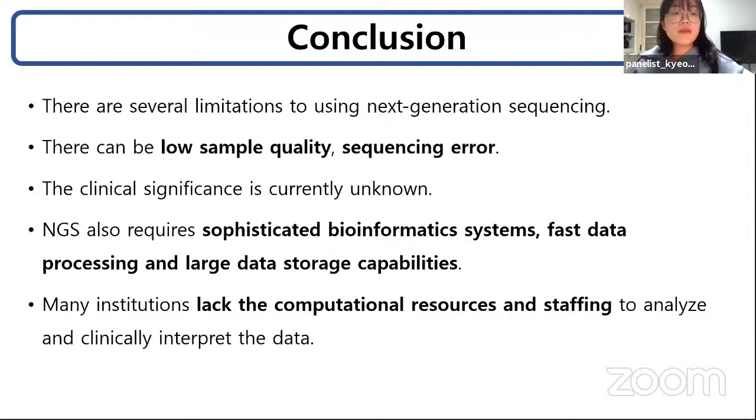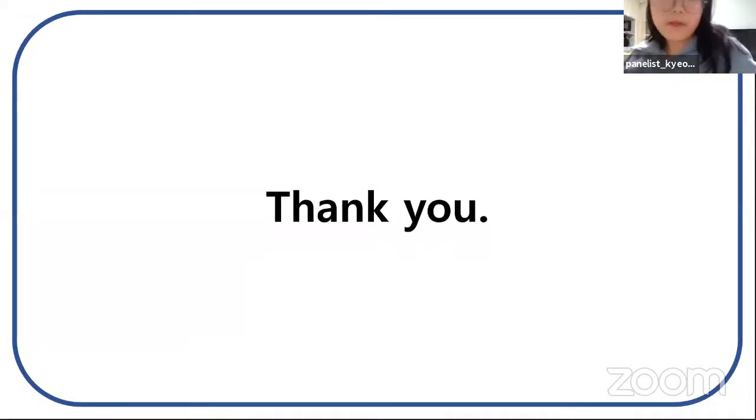And it can be costly. And many institutions lack the computational resources and staffing. Therefore, I think significant limitations currently exist to using NGS in clinical applications. Thank you.